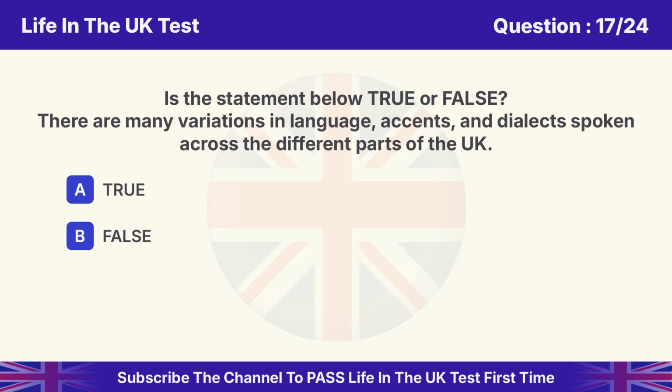Question 17. Is the statement below true or false? There are many variations in language, accents, and dialects spoken across the different parts of the UK. Option A, true. B, false.